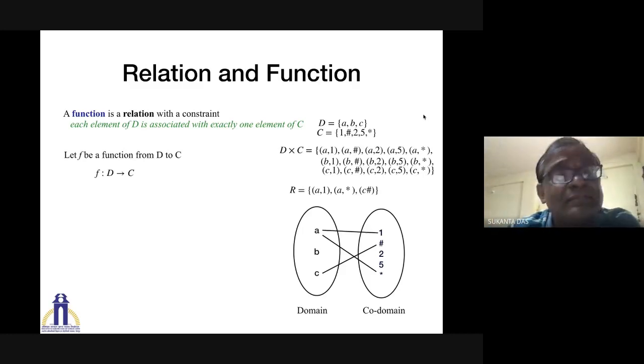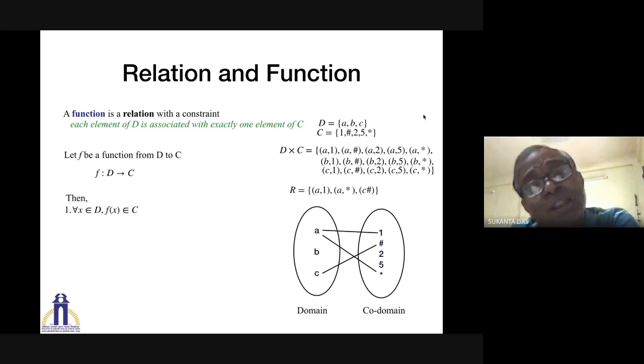So what does it say? From the above definition, for all x in D, I can get an f(x), and that is part of C, obviously, which was not the case for a relation. For some x, I cannot get R(x).